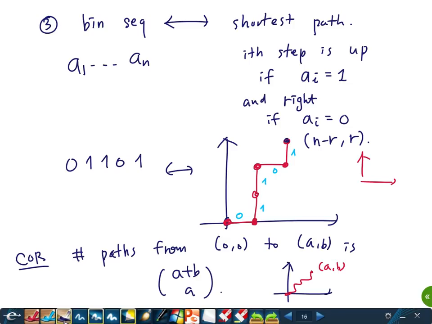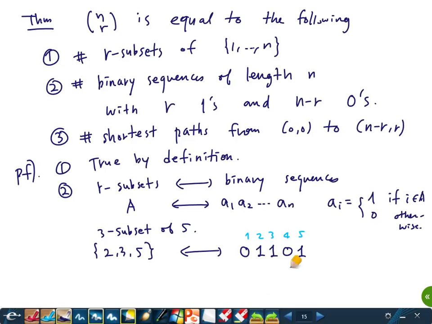All right? So it's very useful to remember this. Because sometimes it's easy if you use just r-subsets, or sometimes it's more suitable if you use binary sequences, or sometimes it's better if you use shortest paths. So it'll be very nice if you remember all of this.